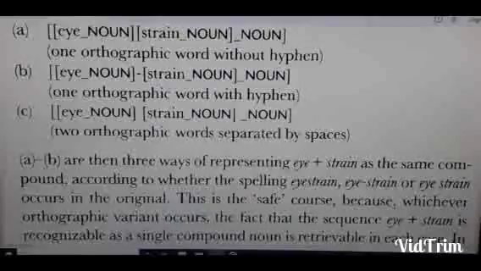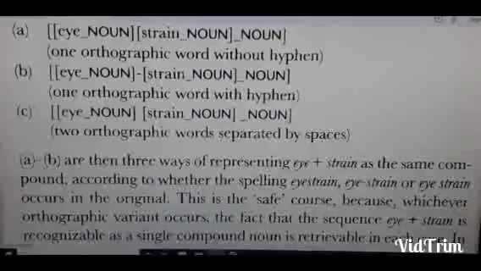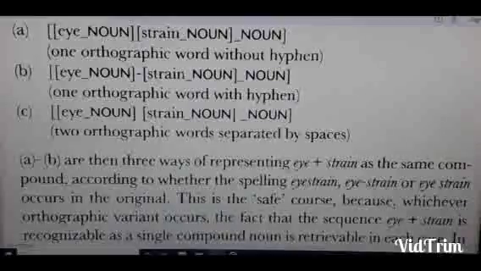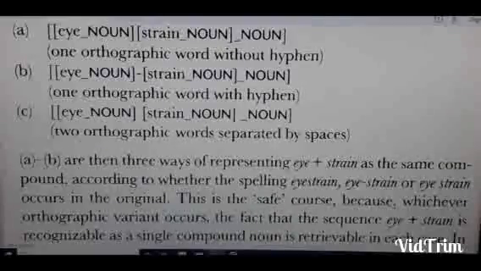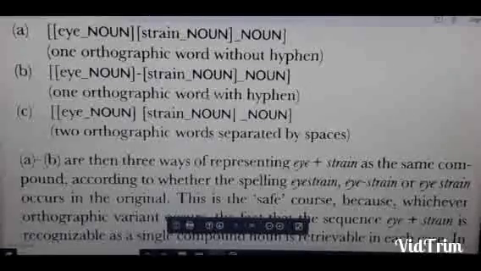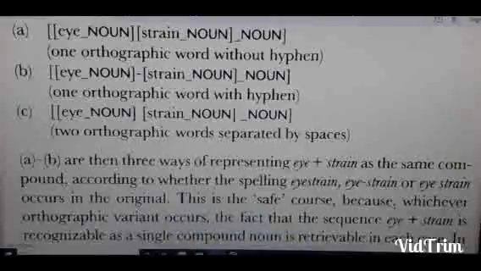A, B, and C are then three ways of representing ice plus train as the same compound, according to whether the spelling icetrain, ice-train, or ice train occurs in the original. This is the safe course because whichever orthographic variant occurs, the fact that the sequence ice plus train is recognizable as a single compound noun is retrievable in each case.